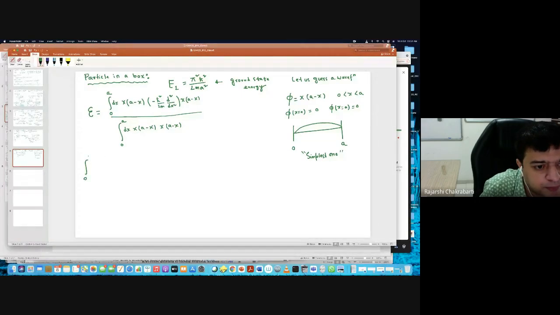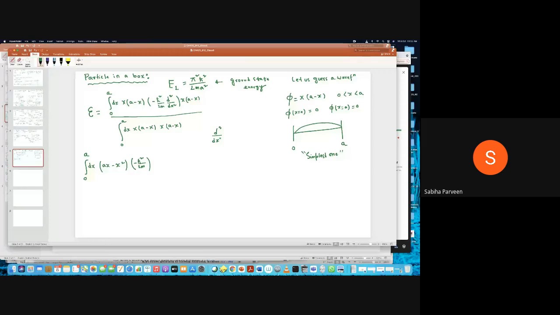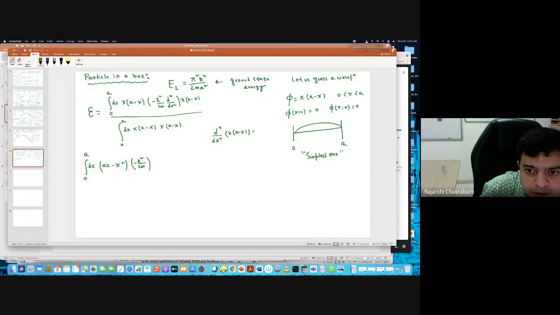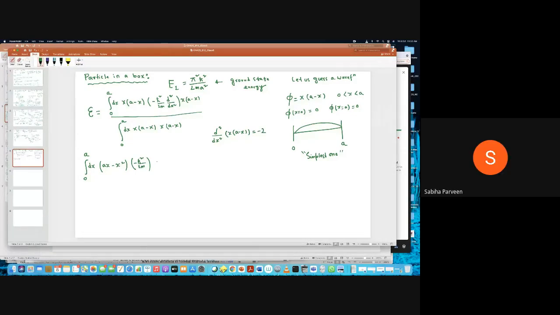Let us do it. This is ax minus x square. What about this? This is a constant. If I take the second derivative of this, what am I going to get? Minus 2.